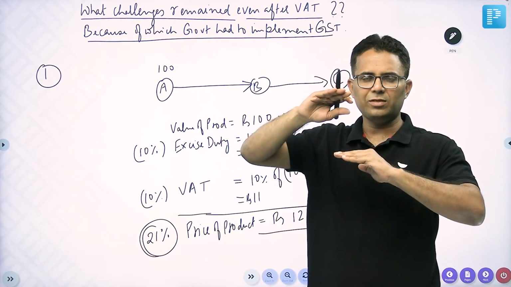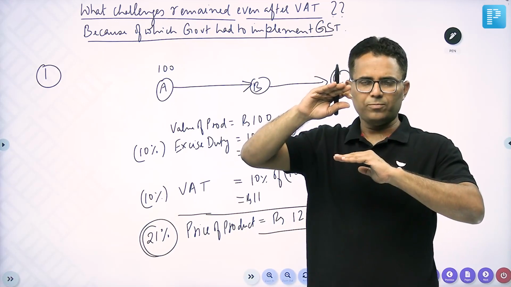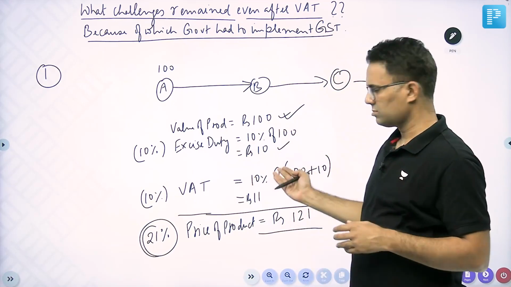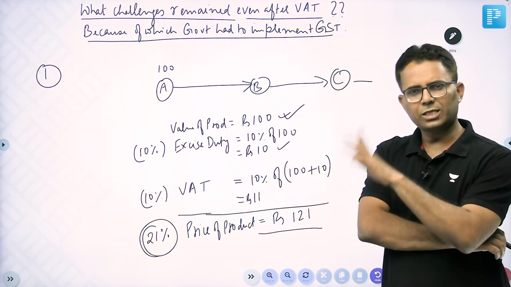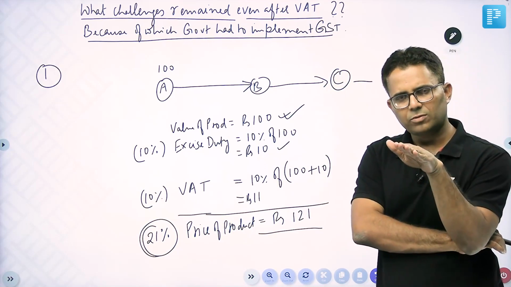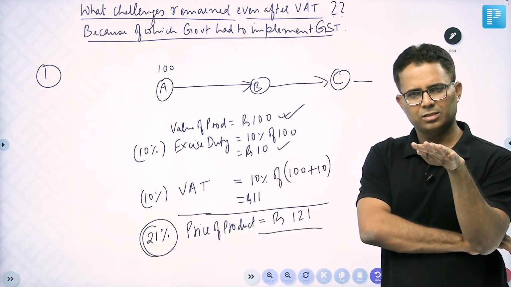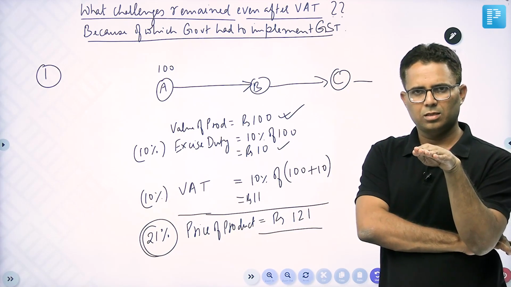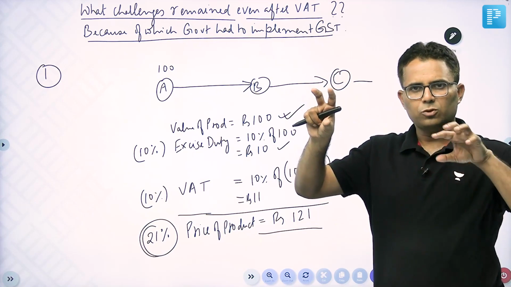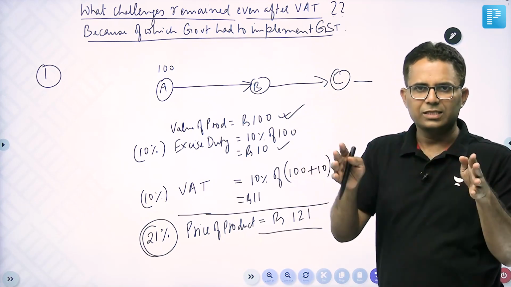Don't adjust against each other means they are imposed one on top of another. So it's still cascading. So VAT resolved the problem of cascading effect only for states' taxes. But if the center is imposing its own excise and the state is imposing its own VAT, then both taxes again create a cascading effect. They were not adjusting.